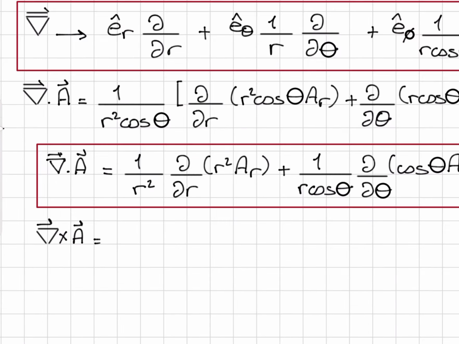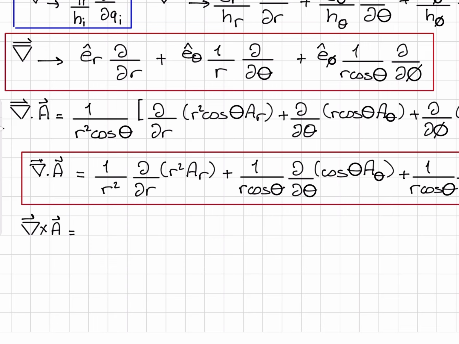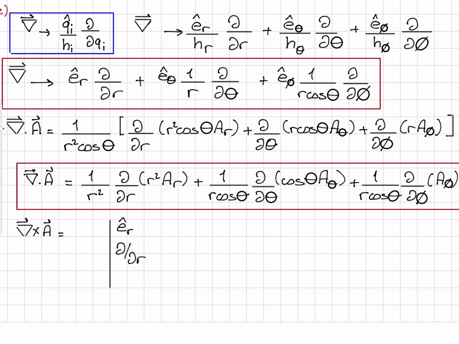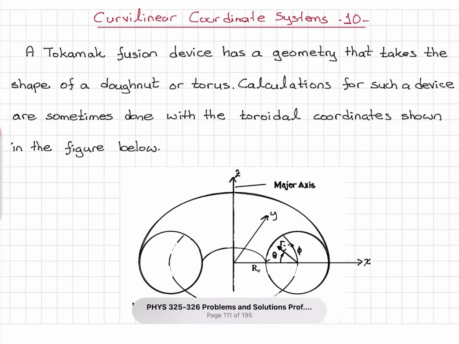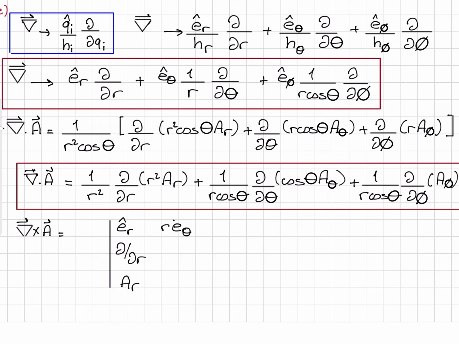Now, as for the curl operation, we have to take the determinant of e_r hat, del del r, h_r A_r, which is equal to A_r, and it's also h_r e_r hat. Then h theta e theta hat, which is r e theta hat, del del theta, h theta A theta, which is r A theta.